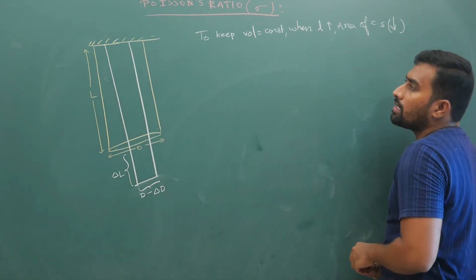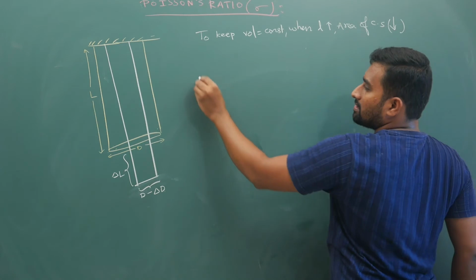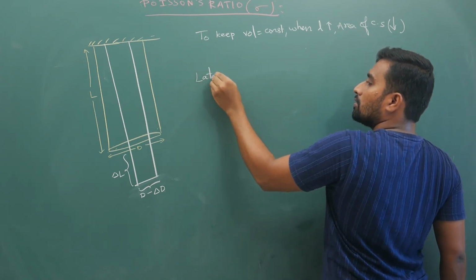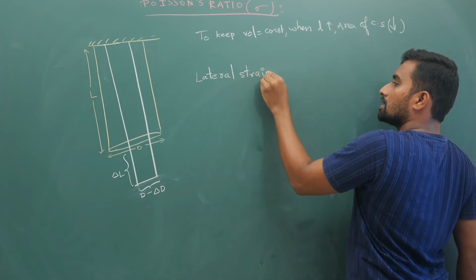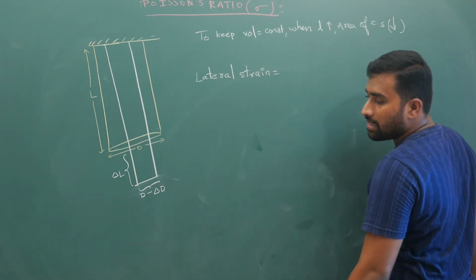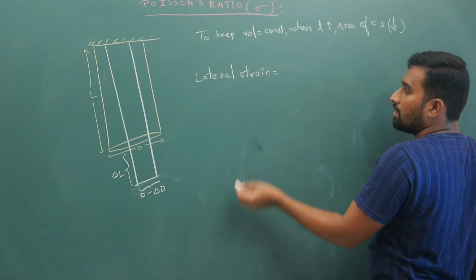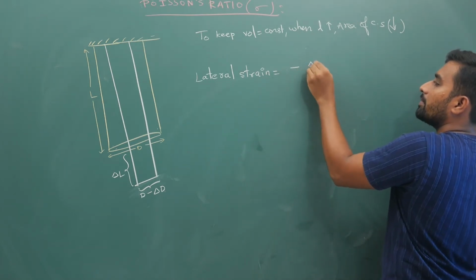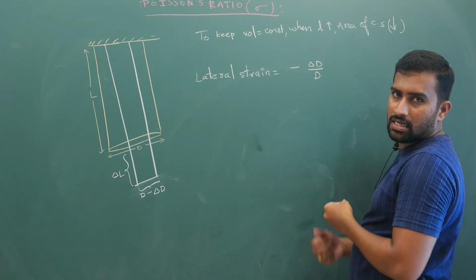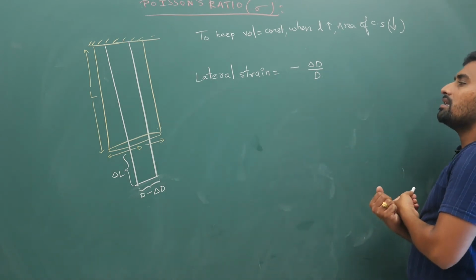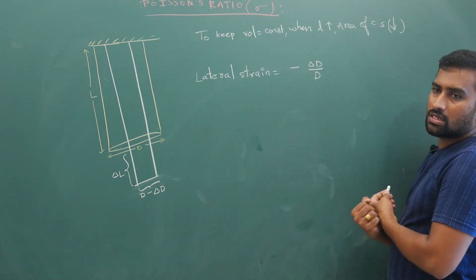Your lateral strain in this case is change in diameter by original diameter. So change in diameter is minus delta d, and original diameter is d. Your strain is change in quantity by original quantity.